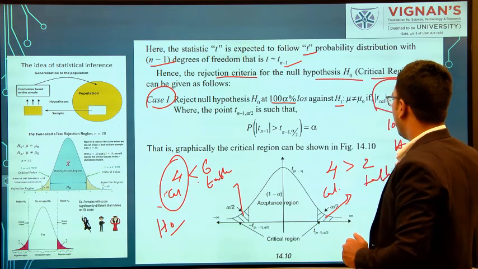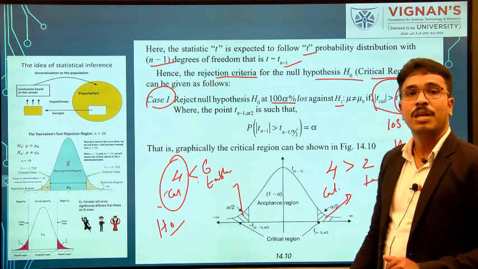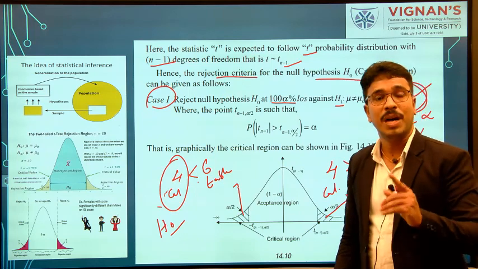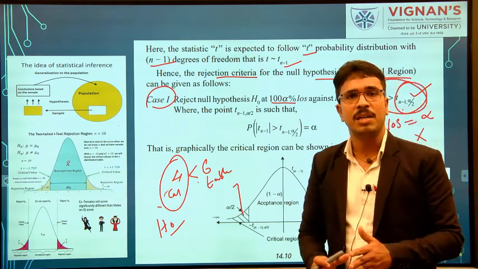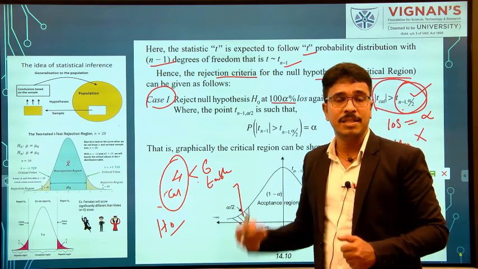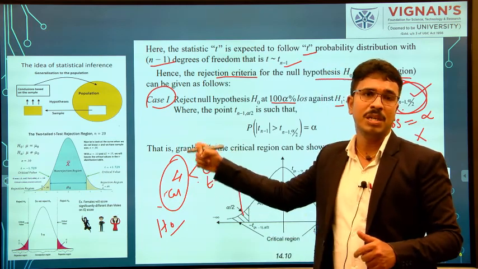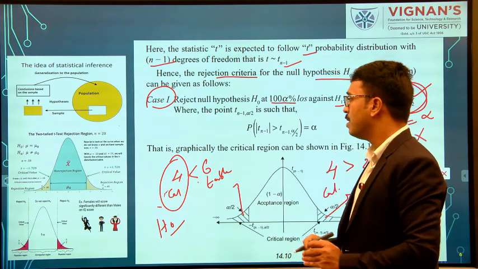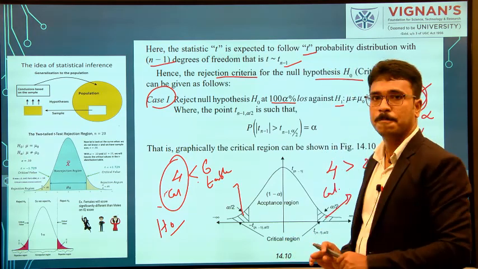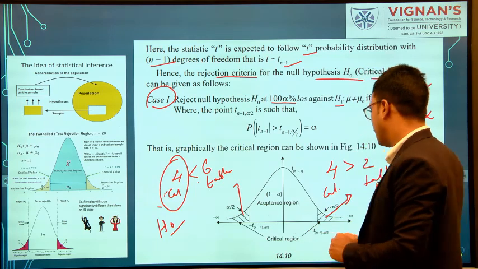If you are rejecting this null hypothesis, obviously you are accepting your alternative hypothesis. This is the thumb rule you have to understand, otherwise you cannot make a decision about the population, that is, the evidence provided by the sample measurement about the population. Okay, so hope you understand this.